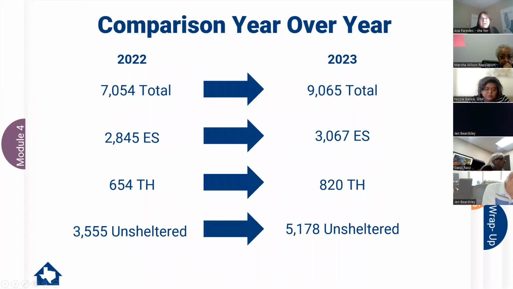So here is a quick comparison year over year for some of the PIT data, comparing this data to 2022. This year, there was an overall 46% increase in unsheltered homelessness and an 11% increase in sheltered homelessness. While these increases may seem significant, there are a few considerations to keep in mind when comparing these data sets.